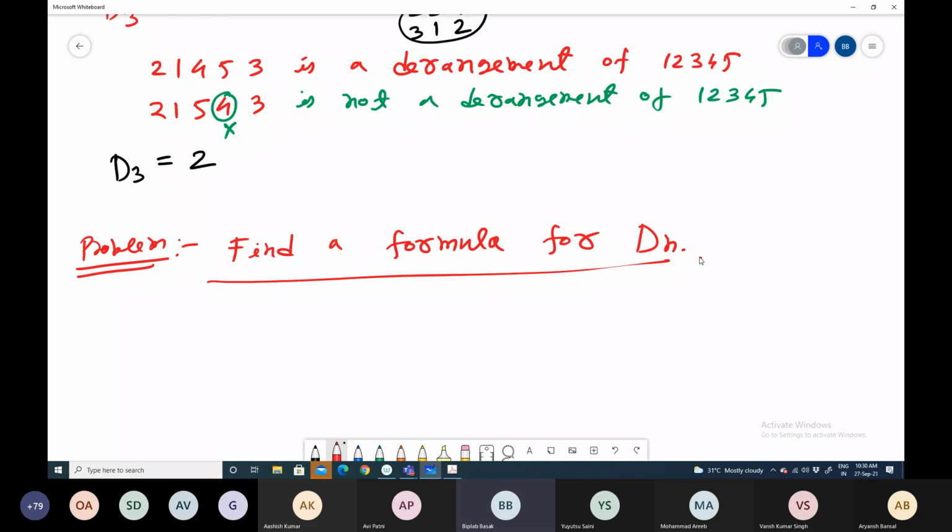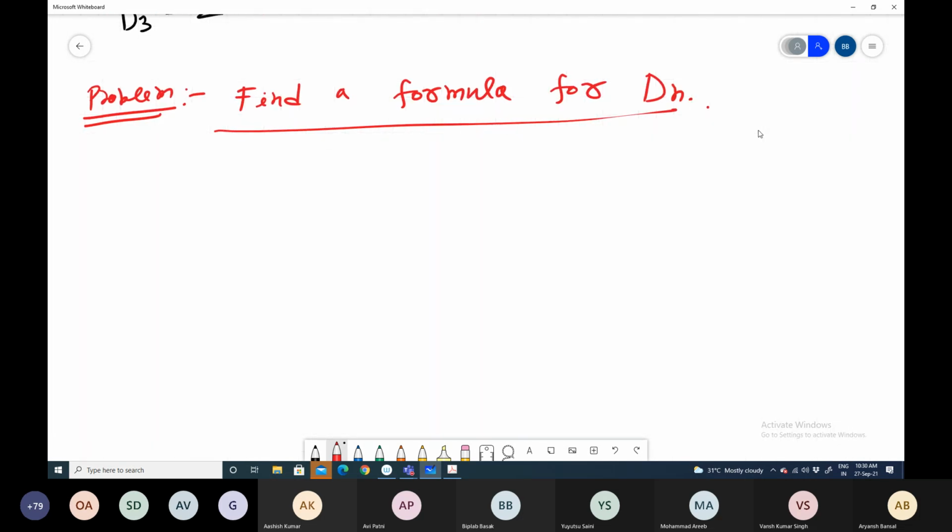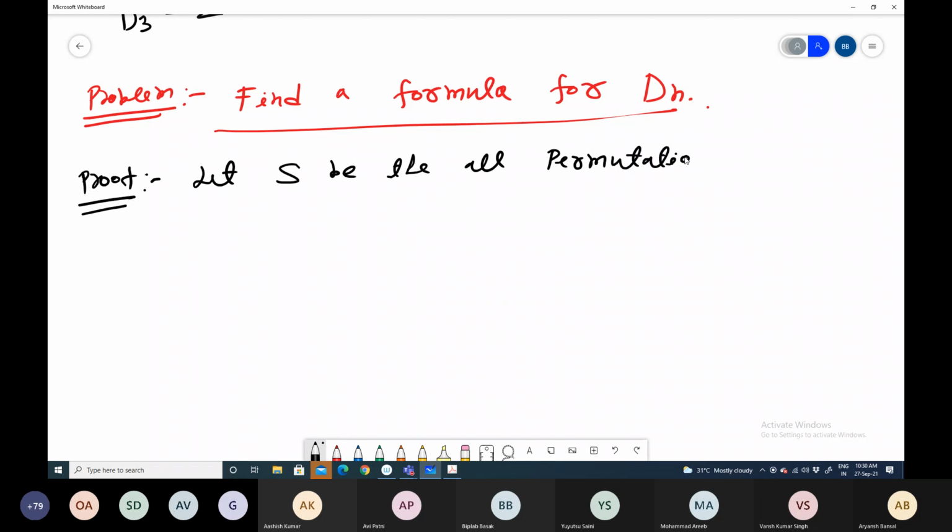Again we shall use the inclusion exclusion formula. Proof. Let S be the set of all permutations of n objects.